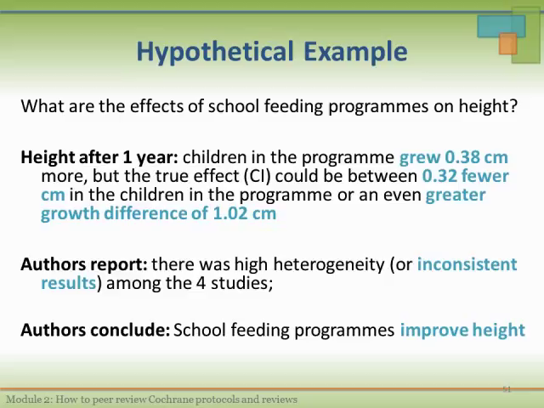But they also found the true effect, also called confidence intervals, could be between 0.32 fewer centimeters for children in the program, or an even greater growth difference of 1.02 centimeters. The authors reported that there was high heterogeneity among the 4 studies, or in other words, inconsistent results across the studies. But again, the authors conclude that school feeding programs improve height.